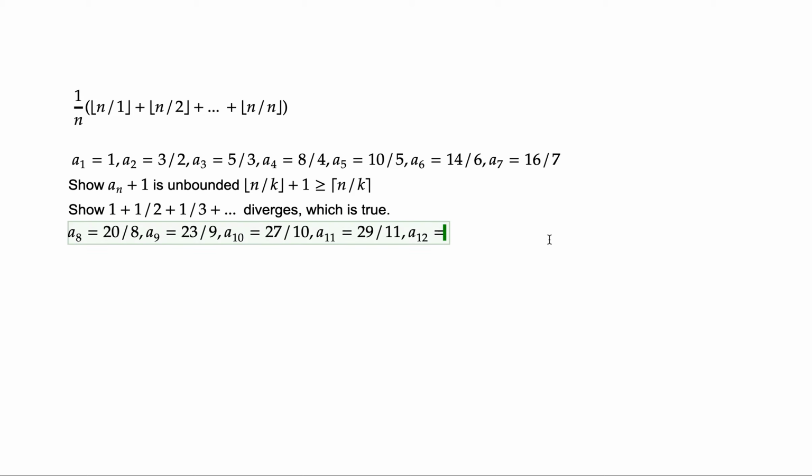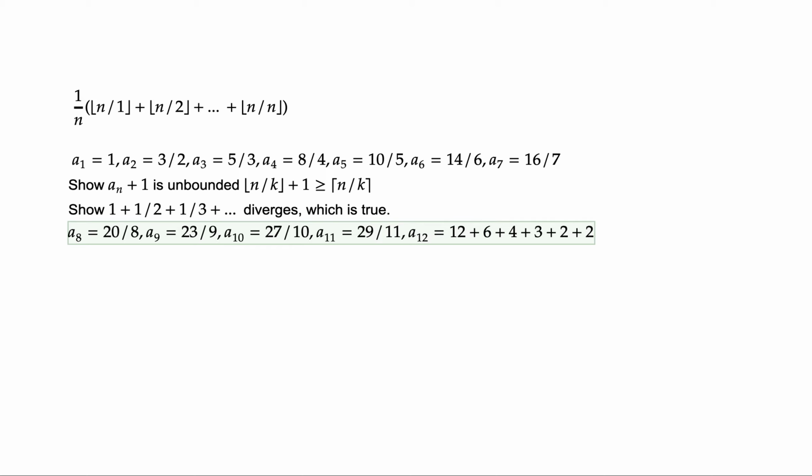Okay, so 1 over 12 times the floor of 12 over 1 plus 12 over 2 plus dot dot dot. Okay, I'm just going to quickly write it out. 12 plus 6 plus 4 plus 3 plus 2 plus 2.